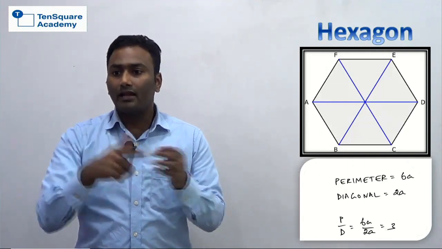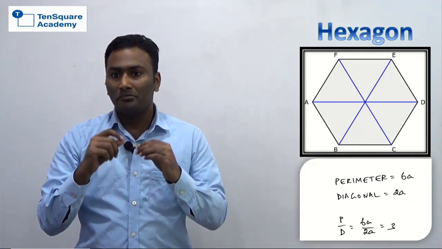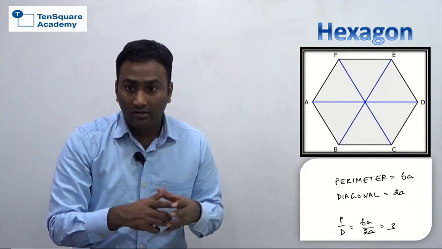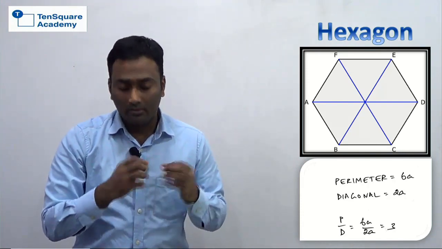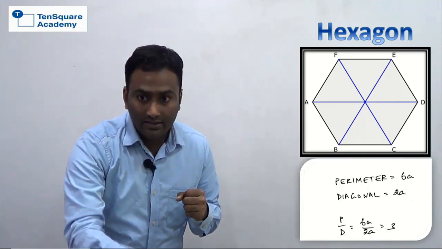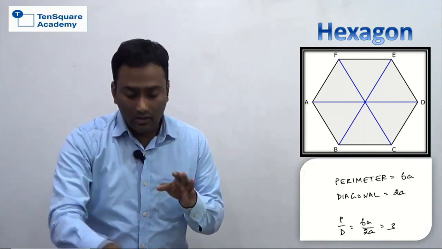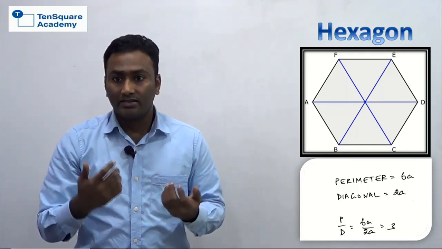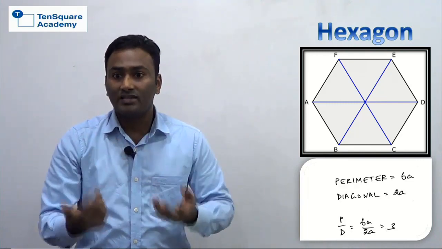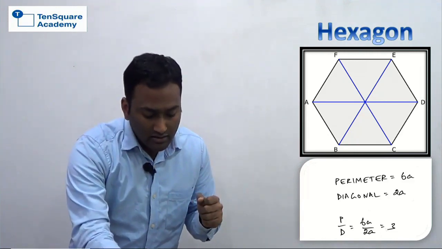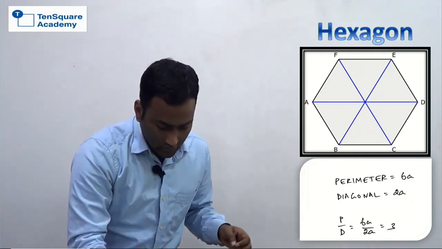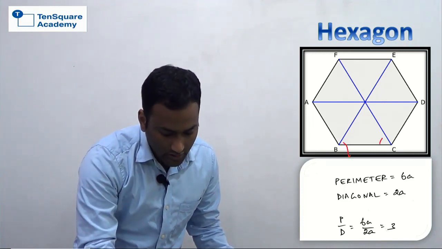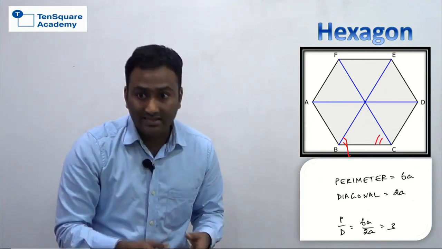In a hexagon, the diagonal length is 2a. How do we find it? Because all the triangles are equilateral triangles. The total angle at the center is 360, so if we divide it by 6, each angle is 60, and these two angles are also equal, so the values will be 60, 60, 60.